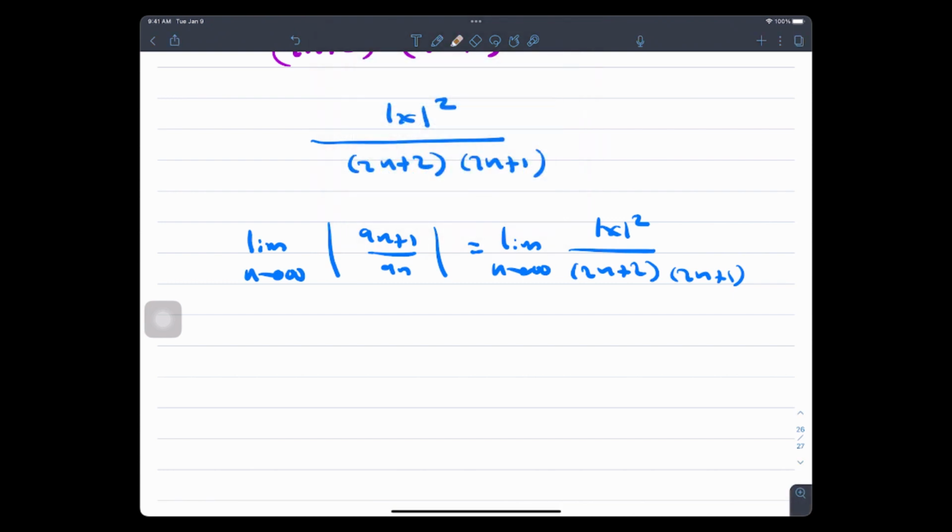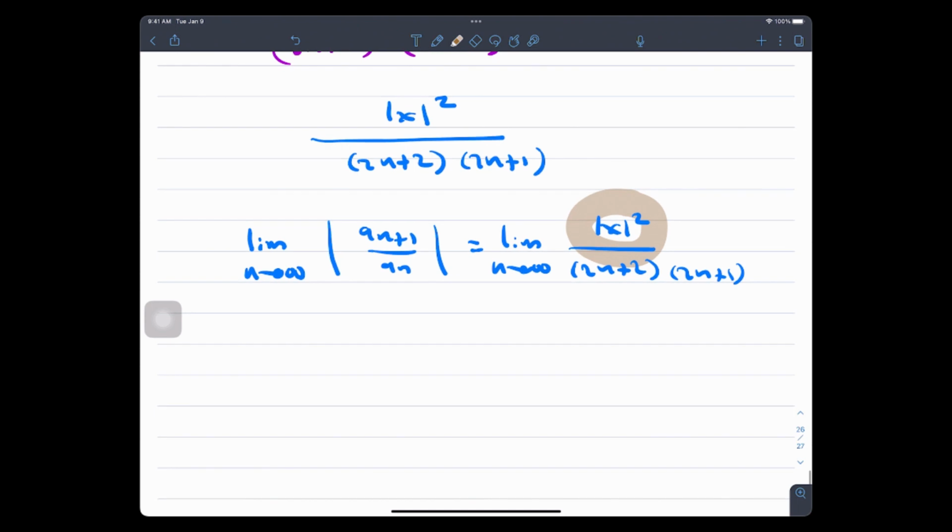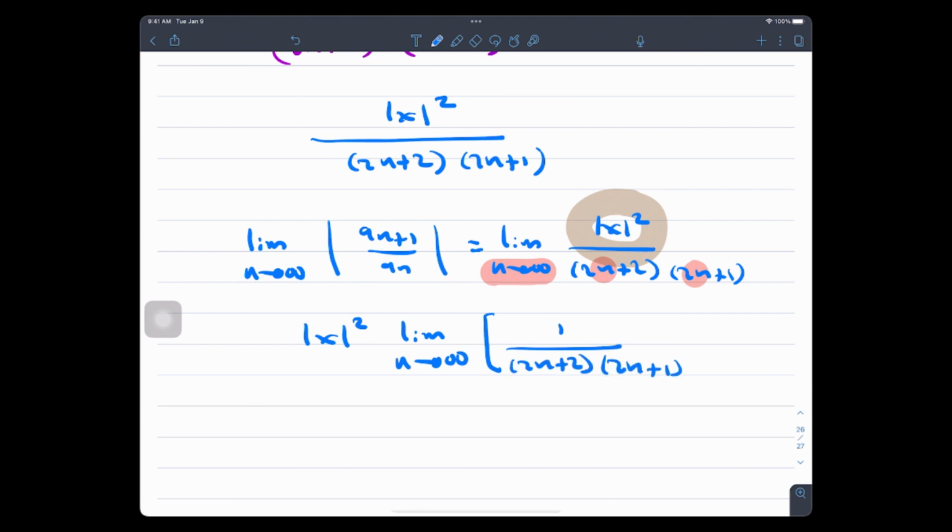Now, again, you got a nice constant here, because the limit is about what? N. So I can pull out, again, the absolute value of x squared times the limit n goes to infinity. That'll be 1 over 2n plus 2 times 2n plus 1.